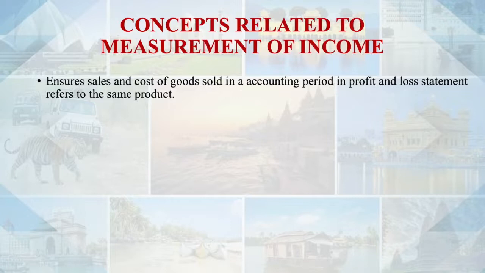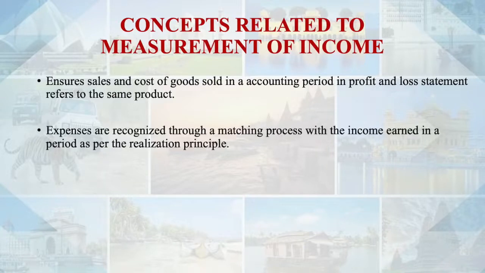So for the same product for which you are recording the sale, the expenses related to that product should also be recorded in your profit and loss account statement. And we know that expenses have to be recognized through a matching process and income has to be recorded as per the realization concept. So these two concepts we have to follow when we record incomes and expenses in our profit and loss account statement.